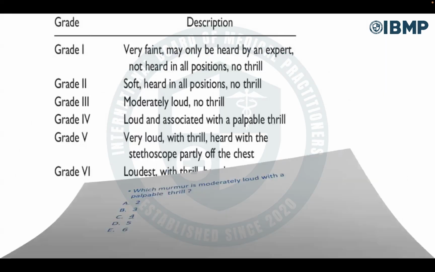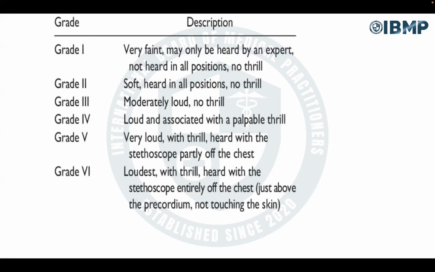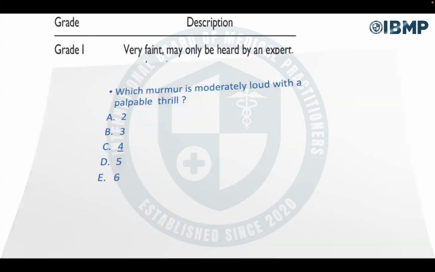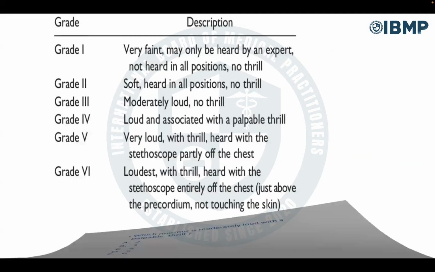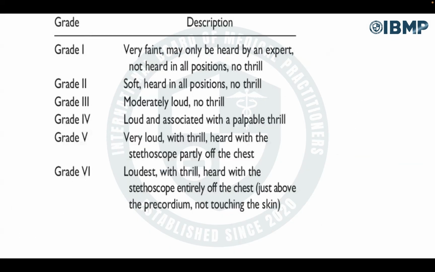Now you need to know how many grades of murmur there are. This was grade 4, moderately loud with a thrill. So if I ask what the various grades of murmur are: grade 1 is a very faint murmur. Grade 2 is a soft murmur.